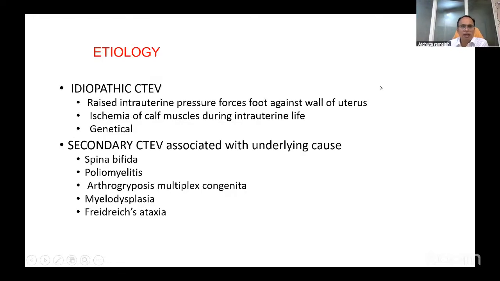So coming to the etiology: idiopathic and secondary. Congenital comes under the idiopathic variant only.